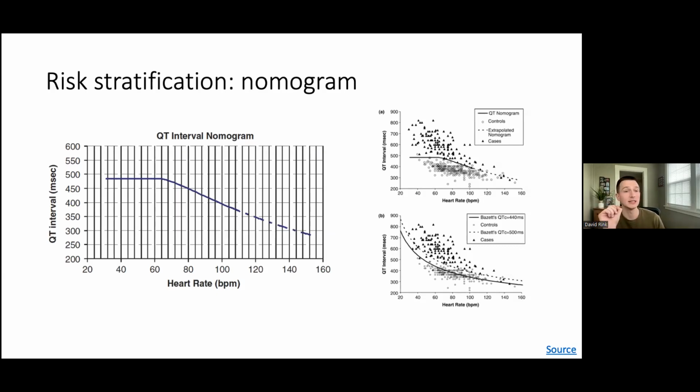So there's a relatively increased risk with bradycardia and a prolonged QT interval, meaning that those are the patients who are at highest risk for torsades. I think this is a really nice tool that spares you from having to calculate corrected intervals. I've started to look at this in my own practice, and I've found it to be pretty helpful.